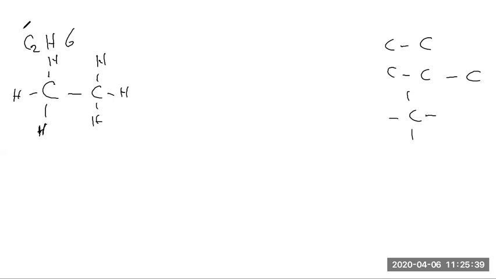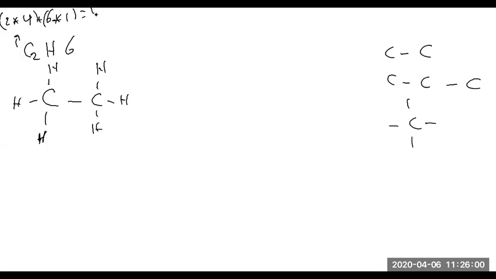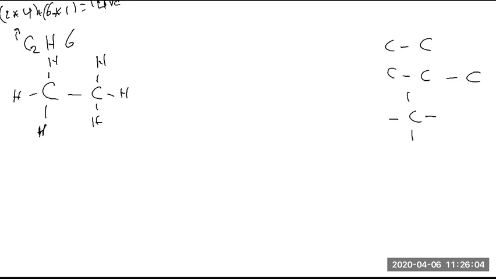So this is the connection. Okay, let's count how many valence electrons. Here, 2 times 4 plus 6 times 1, so 14 valence electrons.